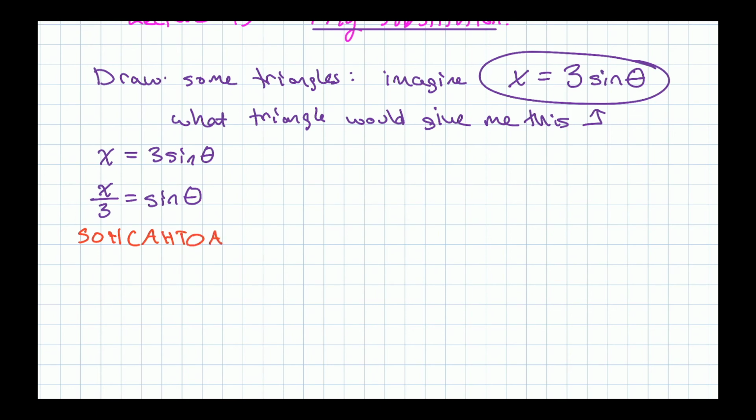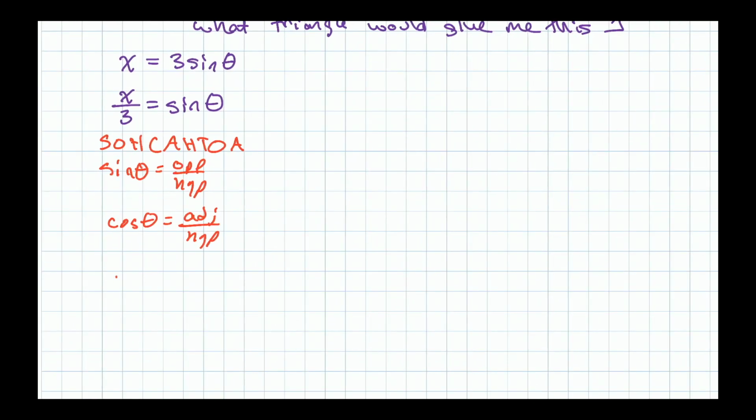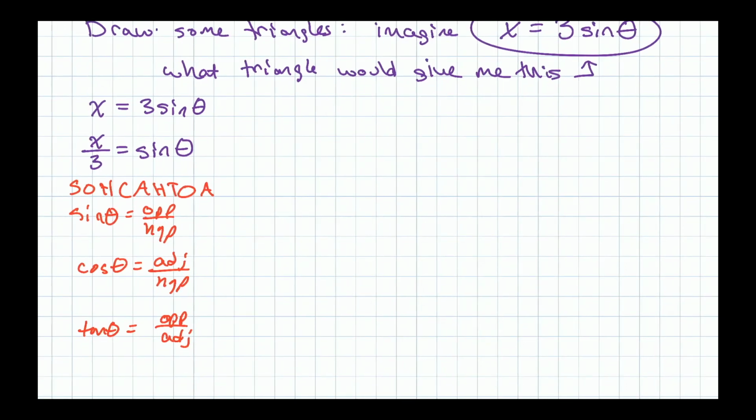Sine theta is opposite over hypotenuse. Cosine theta is adjacent over hypotenuse. Tangent theta is opposite over adjacent, and so on. The other three are these three upside down. And you need to be able to draw the triangle that matches x over 3 equals sine theta.